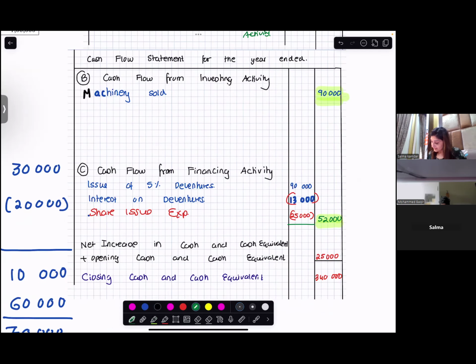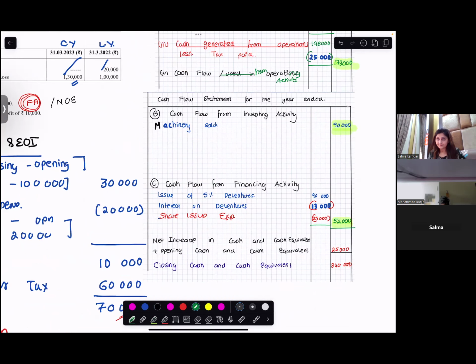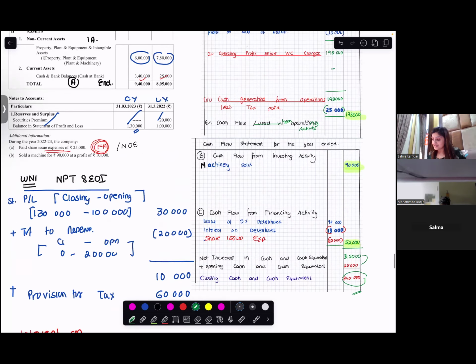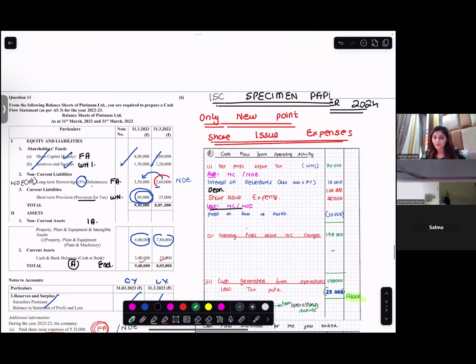I'll add all the three to get net increase in cash and cash equivalent. 173,000 plus 90,000 plus 52,000 is 315,000. 315,000 plus 25,000, I should get my closing balance 340,000. Perfect. This was asked in the ISC specimen paper 2024 and I've completed.